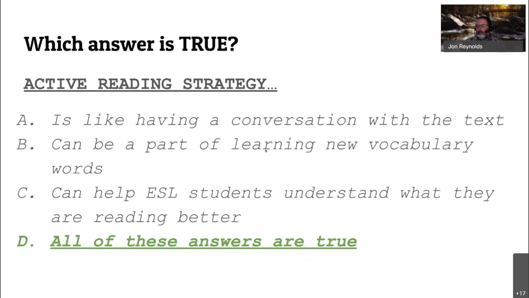Now, when it comes to learning new words, we said that active reading is very important in that process. And then we also said that it can help students understand what they are reading. That's the problem. Often when students are reading, they just move their eyes, but they don't try to understand what they are reading. Now, one problem is because they don't understand all of the words. So that's something we're going to be thinking about here this morning.